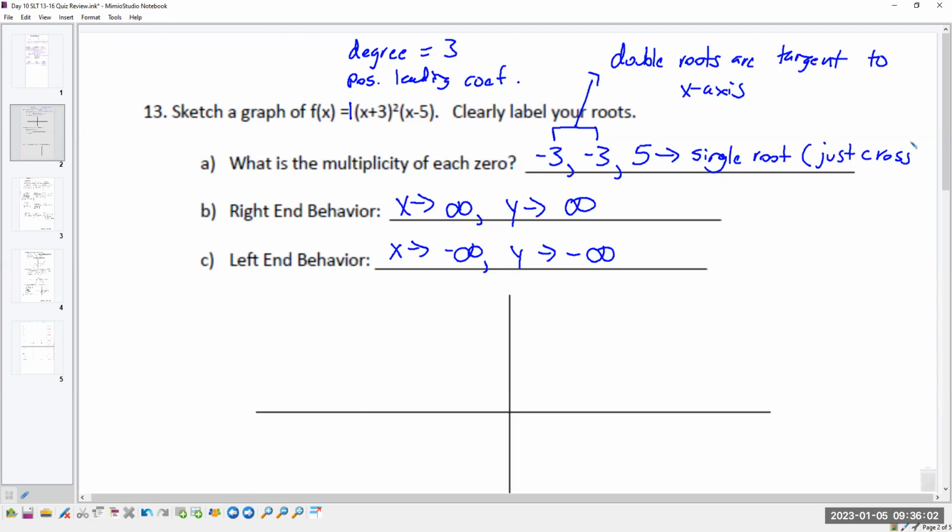Okay, so when I sketch my graph, this is nice, negative 3 and 5, I'm gonna have lots of space. 1, 2, 3, 1, 2, 3, 4, 5. Okay, now I want to remember my end behavior is going to look like this and like this. And I can only have a point here and here. I know that I have a double root at negative 3.